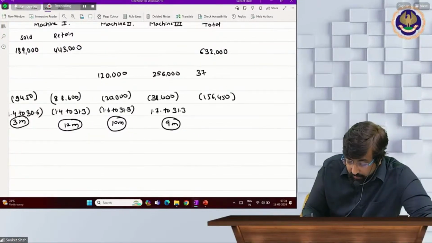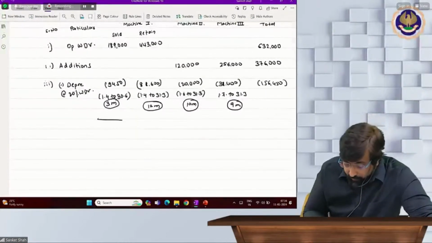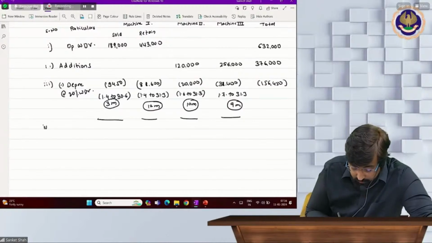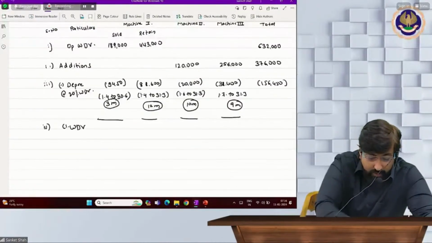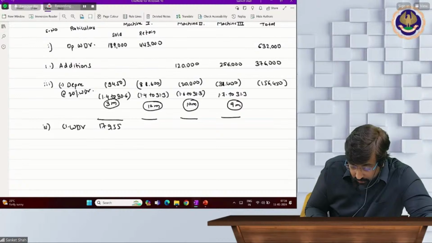And here it is 3,76,000. Beta, now this balance, closing WDV is 1,89,000 minus 9,450, 1,79,550.